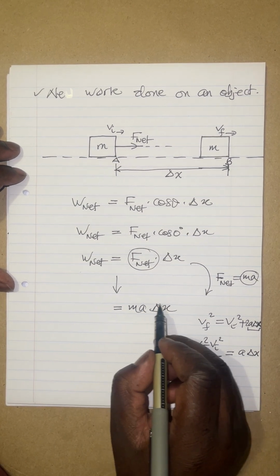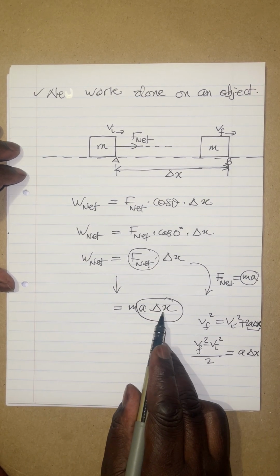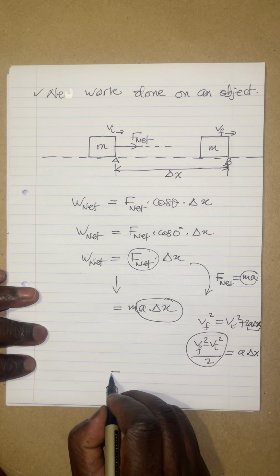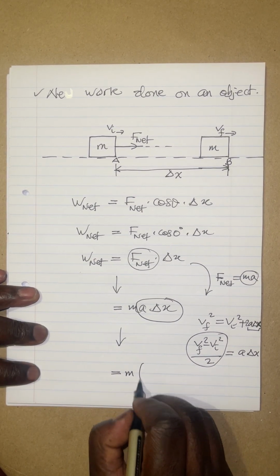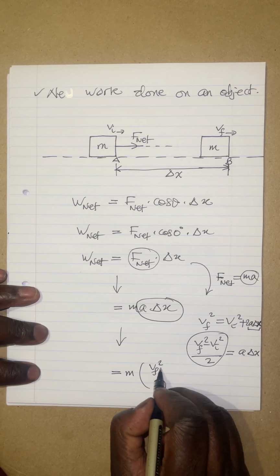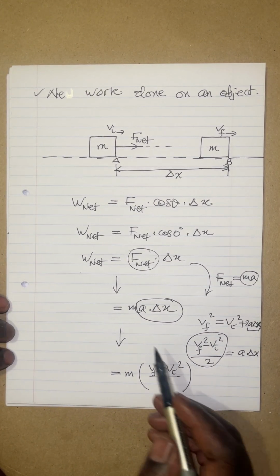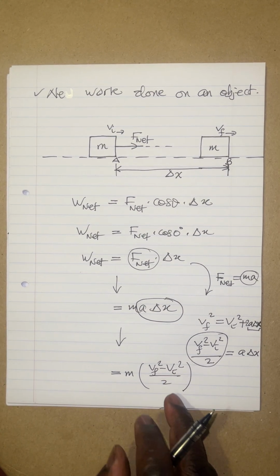And therefore, in that place, I can have a delta x replaced by this expression here. So this formula changes to m times v final squared minus v initial squared over 2, because that is now taking the place of a delta x. Now I'm going to simplify this.